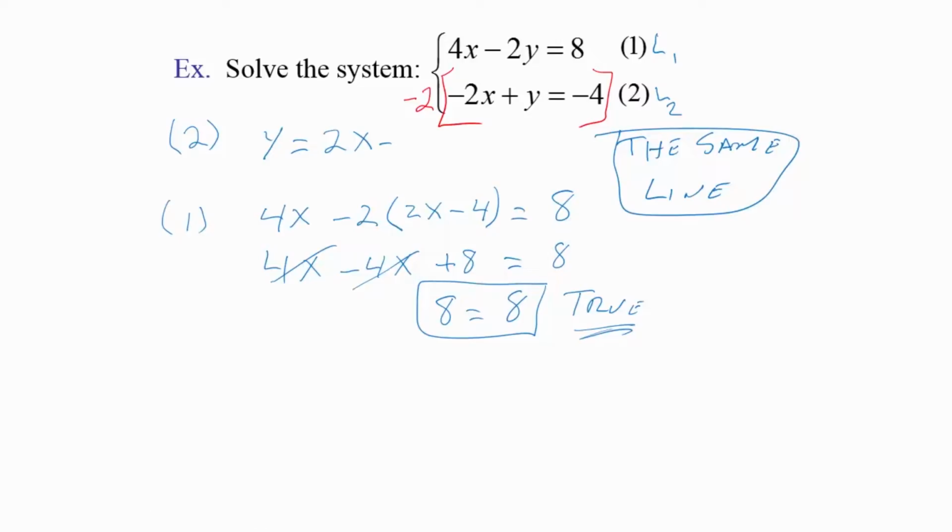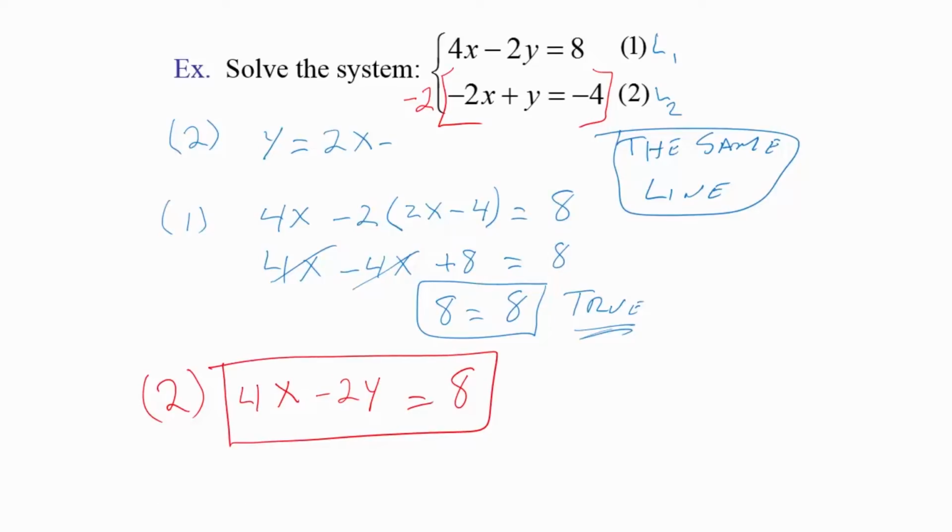Minus 2 times minus 2x, this is number 2, I'm going to rewrite it, minus 2 times minus 2x, you get 4x, minus 2 times y, you get minus 2y, equal minus 2 times minus 4 is 8.